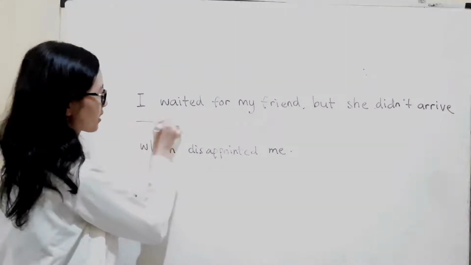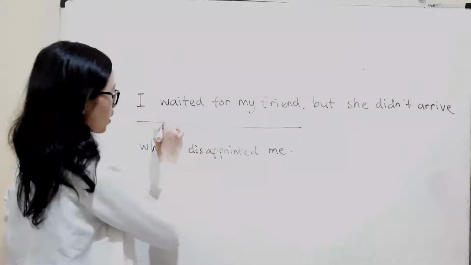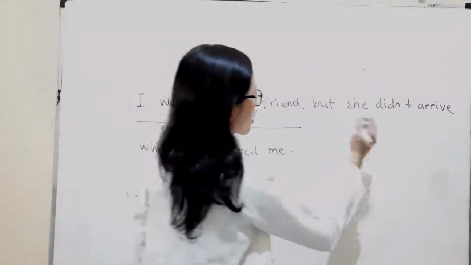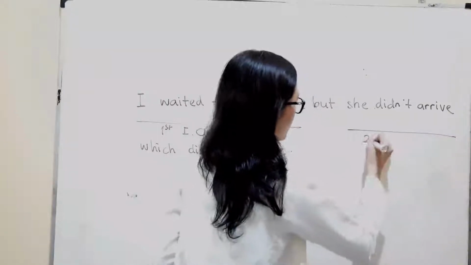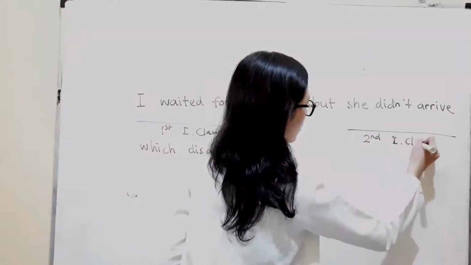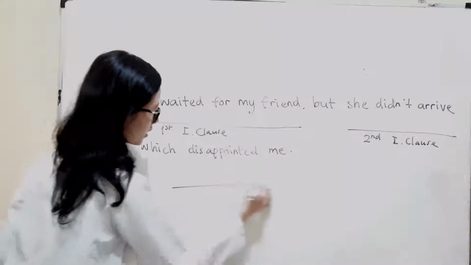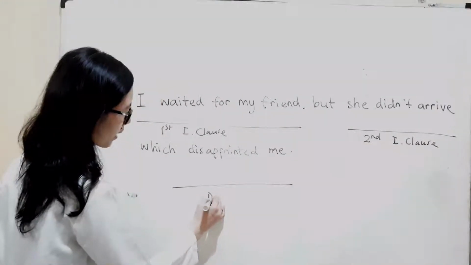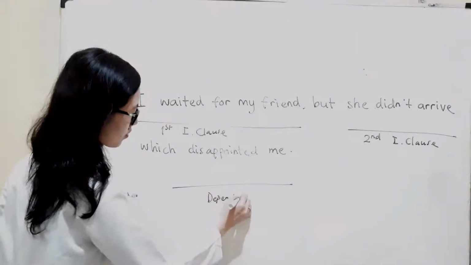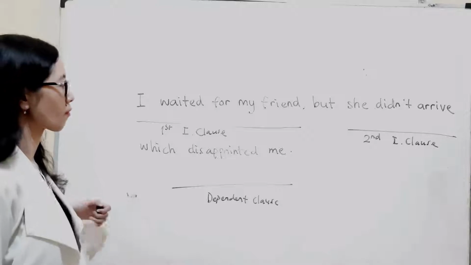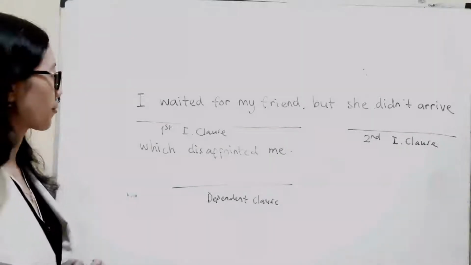I waited for my friend is the first independent clause. She didn't arrive is our second independent clause. Which disappointed me is the dependent clause. Okay, do we have phrases here?